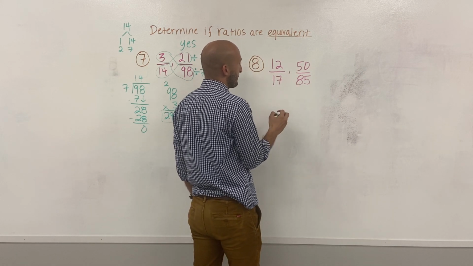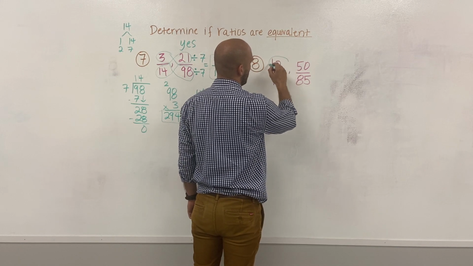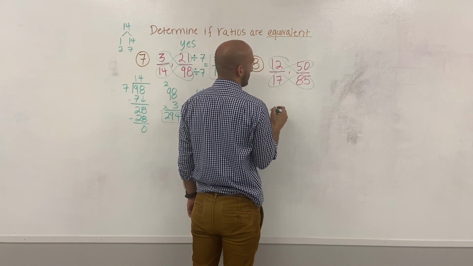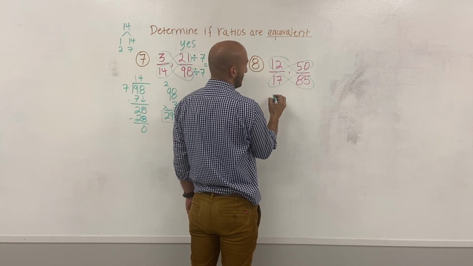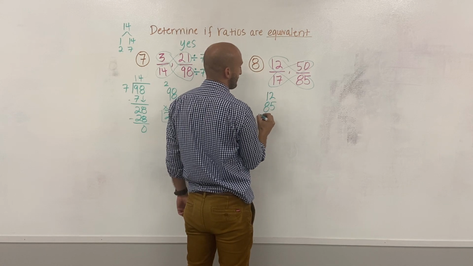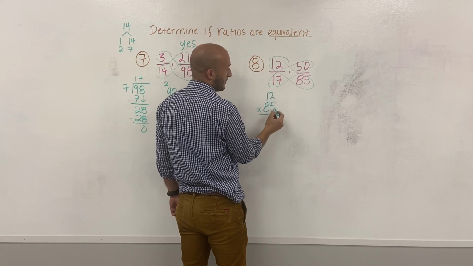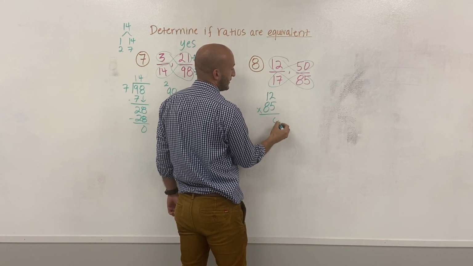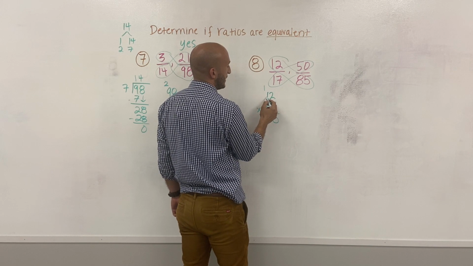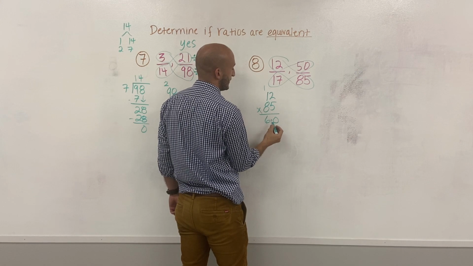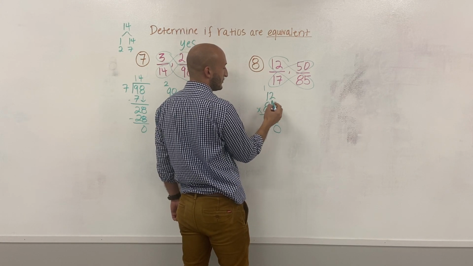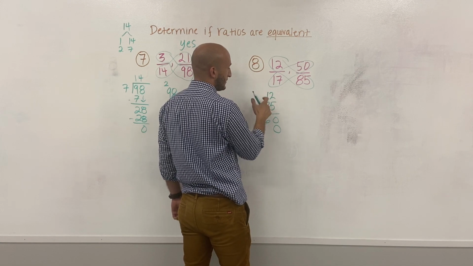Now let's try this one. Let's go ahead and just go straight into the cross multiply. Okay, so 12 times 85. 5 times 2 is 10. 5 times 1 is 5, plus 1, 6. We put a 0 here and then move to the 8. 8 times 2 is 16.